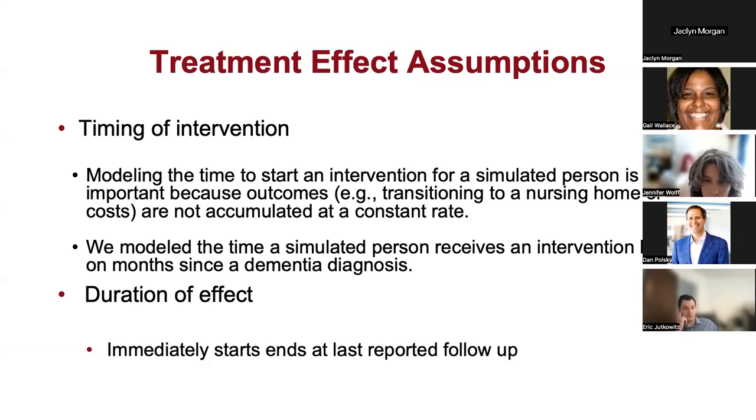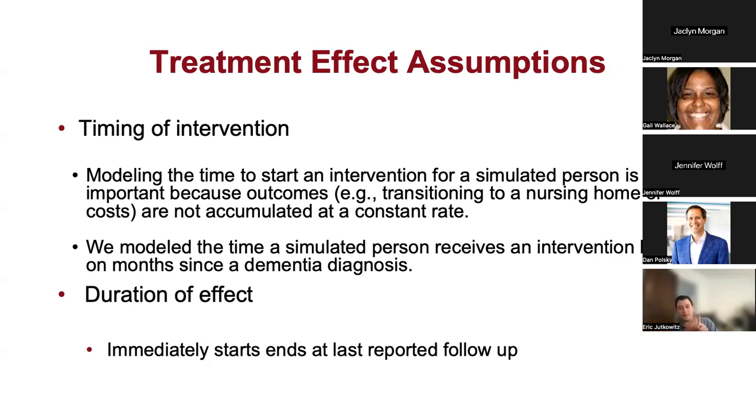And so we spent a lot of time thinking about this. Our solution was that we would model an incident cohort of people with dementia. And what we do is we try to find the point that that incident cohort reaches the same stage that the source randomized trial describes as the baseline characteristics that they enroll.